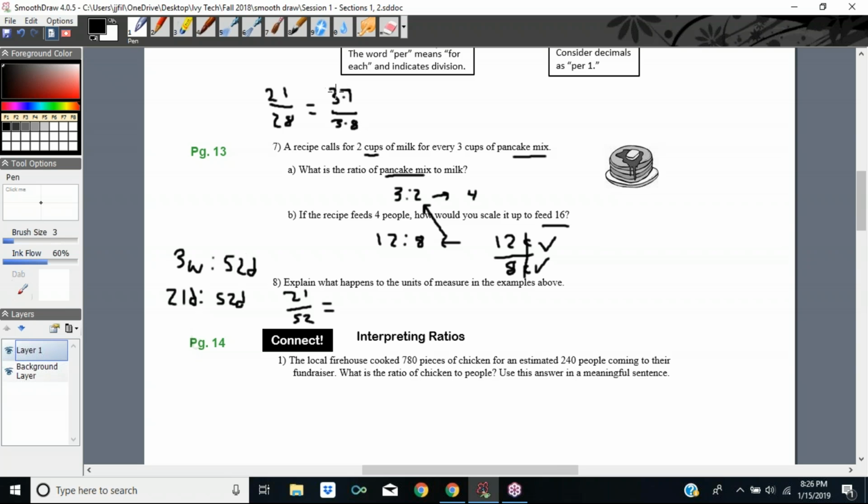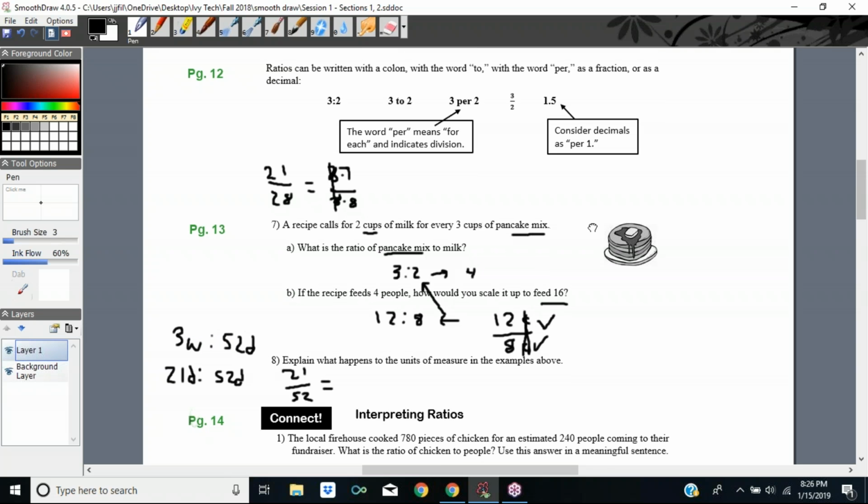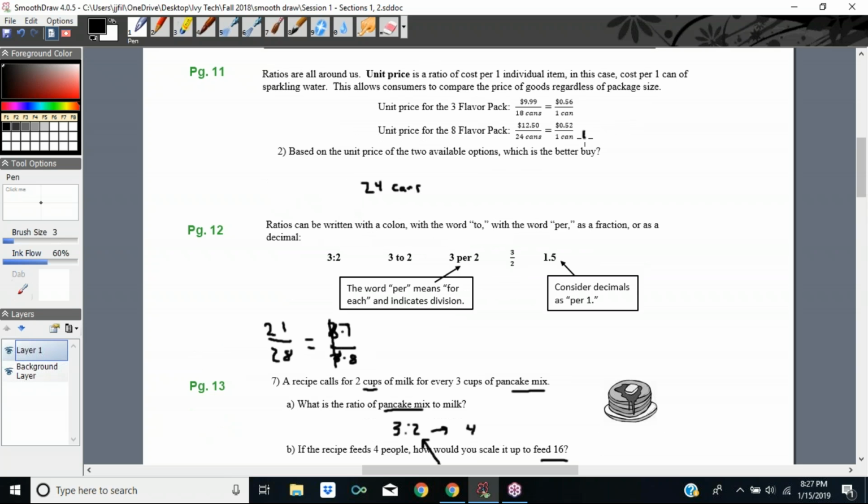And since we have a 3 as a factor on the top, the numerator, and a 3 in the denominator, we reduce them out. So it's like 3 divided by 3 is a 1, so they go away. Cups divided by cups is 1, so they go away. I think that's the idea behind that. Sometimes the units might not cancel out. Like up here in this first example, the units don't cancel out because it's dollars and cans, so those don't cancel out.